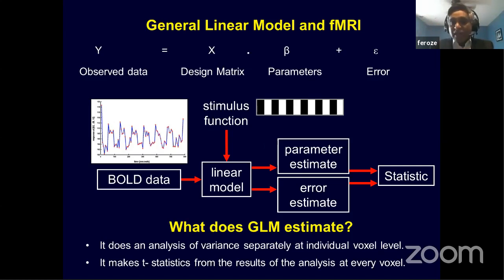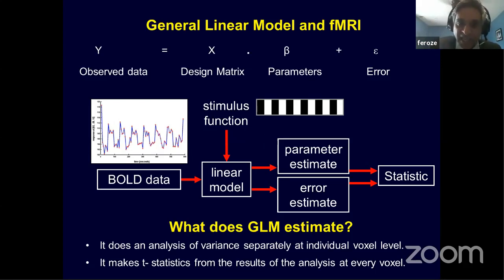Here, the general linear model does complex regression because we are doing regression of individual voxels throughout the brain, depending upon the number of voxels. Here, it's very simple. It's y equals xb plus e, and y is your observed data. For example, when you ask a patient to do a hand movement and we're collecting the BOLD signal, y is the observed data that is coming from the scanner.